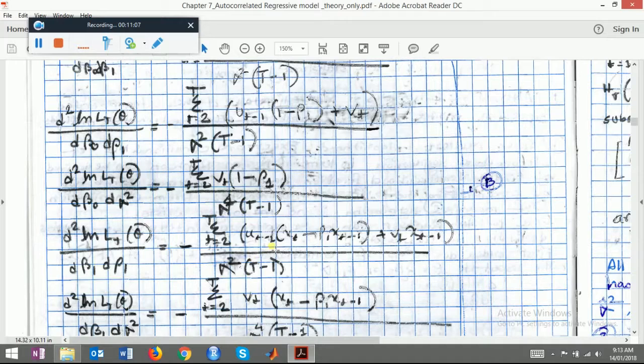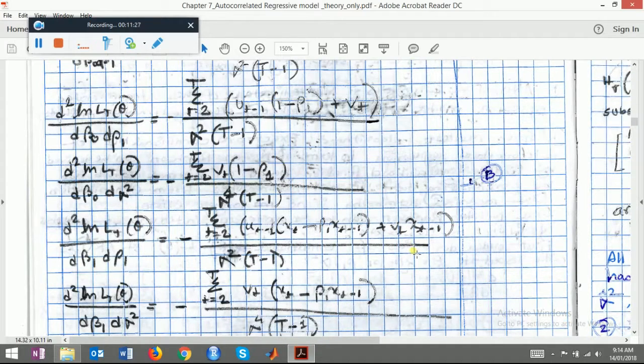Beta 1 rho 1 is Ut minus 1, same for rho 1, but for beta 1 we have x minus rho 1 xt minus 1, and that part goes into the second element too, because xt minus 1 is the additional element. The lag of xt, the exogenous variable, is the additional element in beta 1, right?